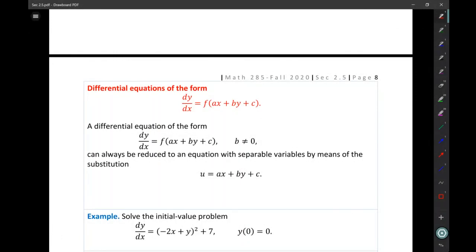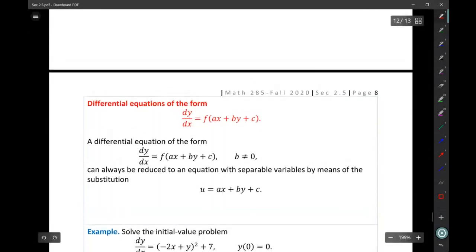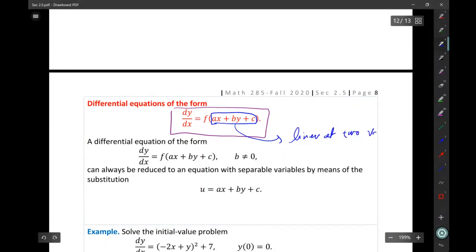We have the third type of the substitution method for differential equations, which is written in the form dy by dx is equal to f of ax plus by plus c. Ax plus by plus c is linear in two variables, linear because the power of x is 1 and the power of y is 1, which is the maximum power here.